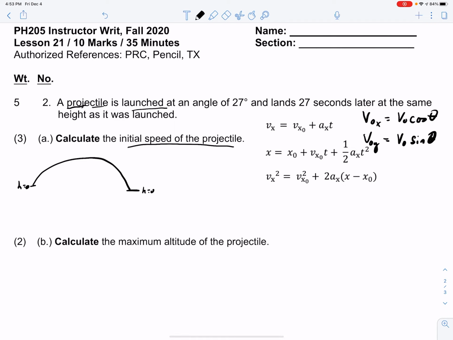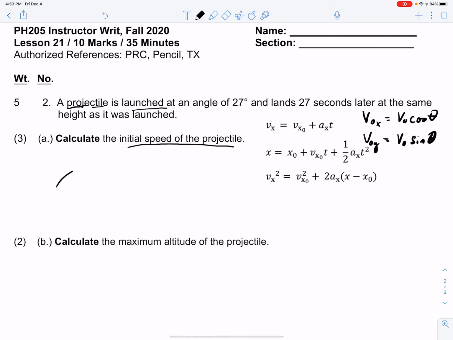Height 0. And we're given time. It says, what is the initial speed of the projectile? Since we're given time, and we know the height, that's the thing. We know the height that it will end up in. Okay? And that height is 0.